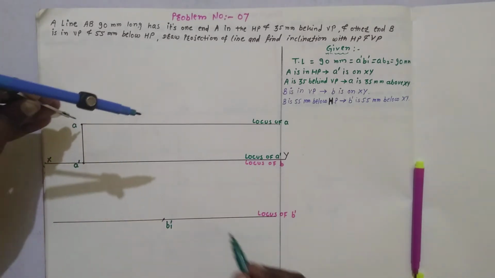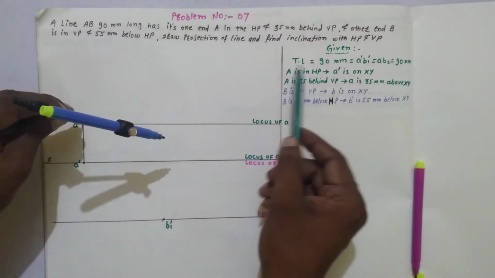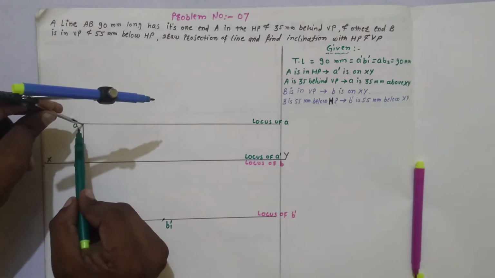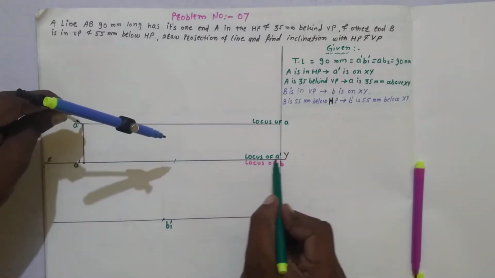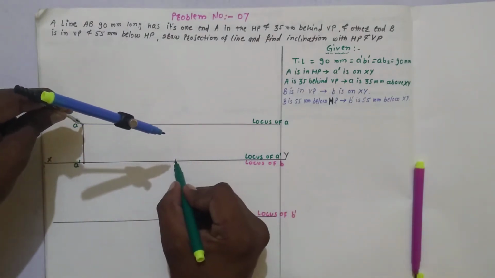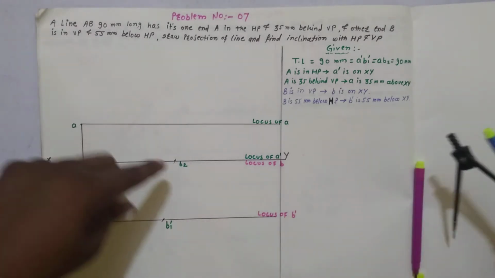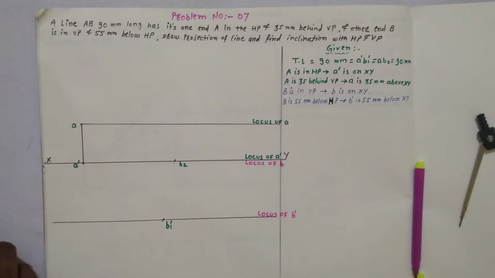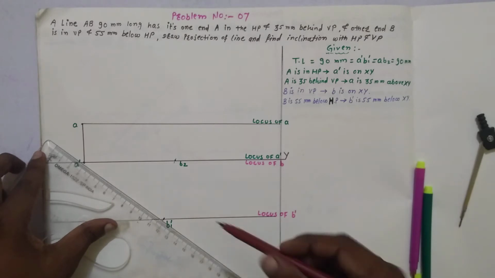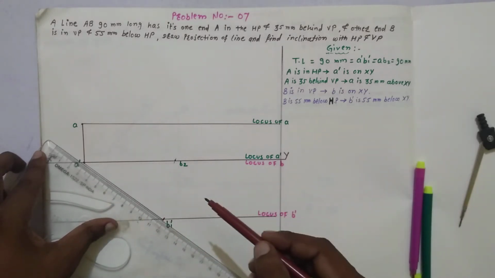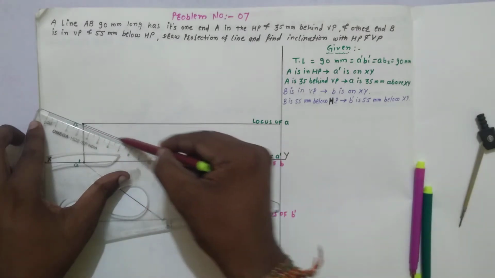Similarly, take the same true length distance from point A and cut the locus of B. This point is your B2 point. So this is the B2 point and this is the B1 dash point. Join A dash B1 dash by a straight line, and join A B2.